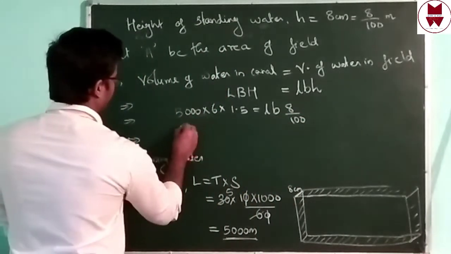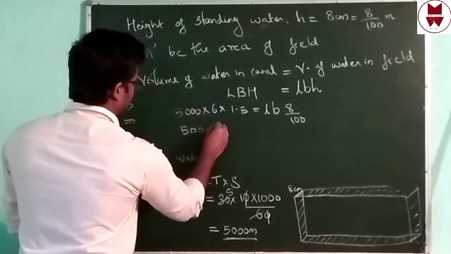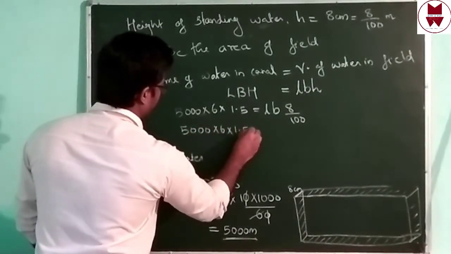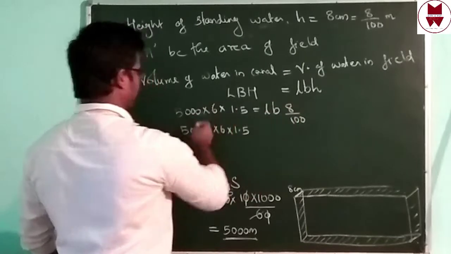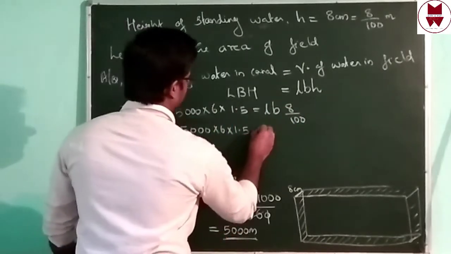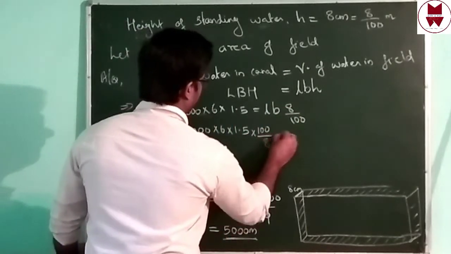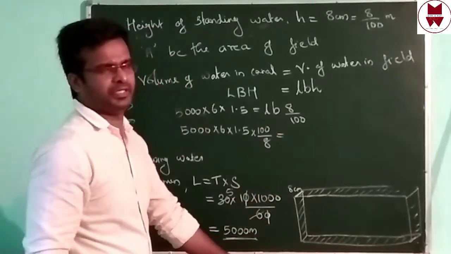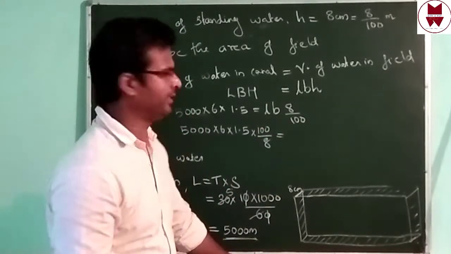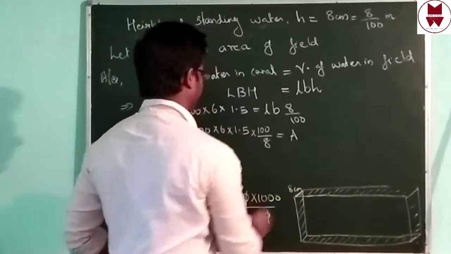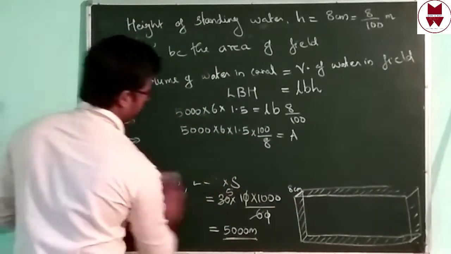Equal to 5000 into 6 into 1.5. This 8 by 100 bring to left side, that will be 100 by 8 equal to LB. L into B means area, isn't it? We can write area of field.